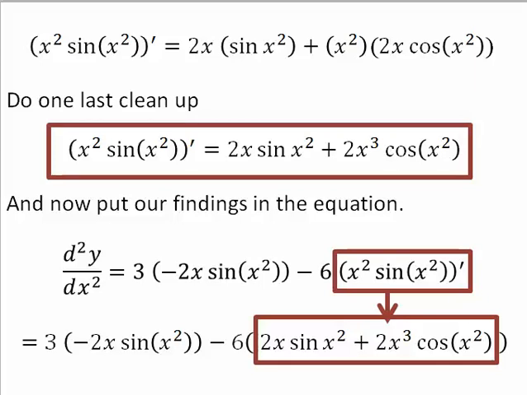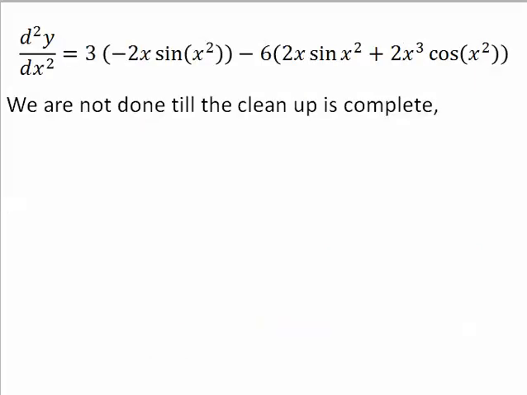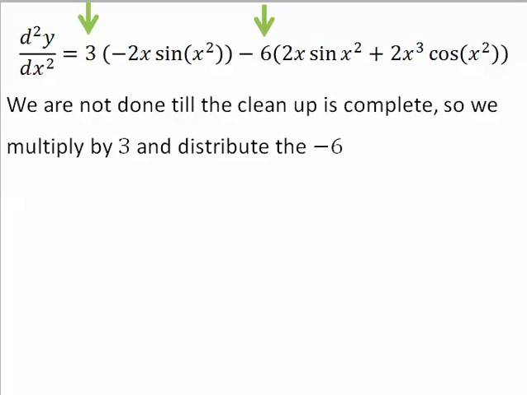Okay, now believe it or not, we're almost done. Let's go back up to a fresh slide. This is what we have so far. We're not done until the cleanup is complete, but this will go pretty quickly. We're going to multiply by 3 and distribute the negative 6.